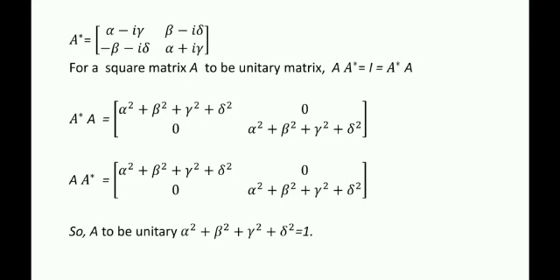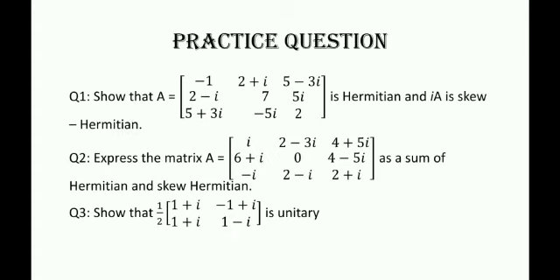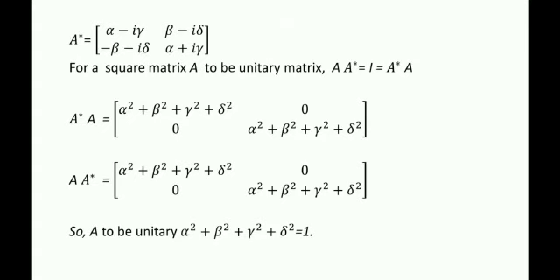For a square matrix A to be a unitary matrix, we must have A into A star equal to I equal to A star into A. Now, we will find out A star into A, that is a product of two matrices, and the resulting matrix becomes alpha square plus beta square plus gamma square plus delta square, 0, 0, alpha square plus beta square plus gamma square plus delta square, and A into A star will be alpha square plus beta square plus gamma square plus delta square, 0, 0, alpha square plus beta square plus gamma square plus delta square.